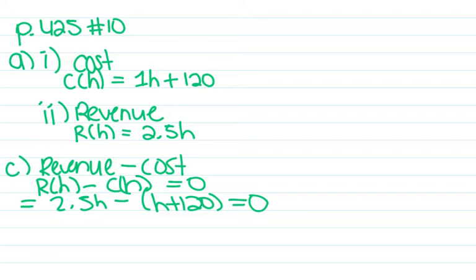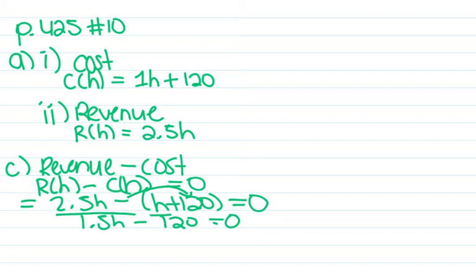So combining those two, we have 2.5H minus H would be 1.5H, minus 120 equals 0. Actually, it will be minus 120 because this minus sign needs to go into the bracket.